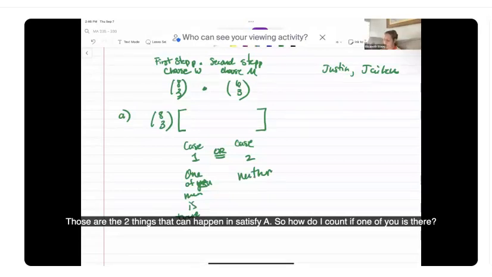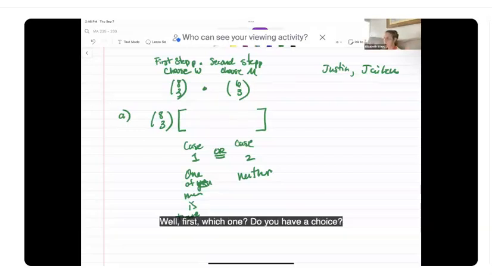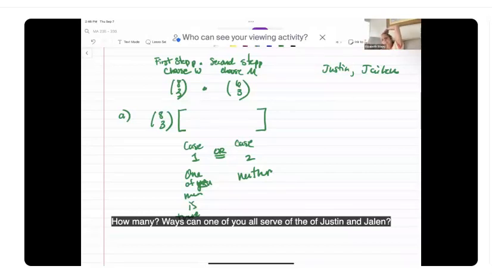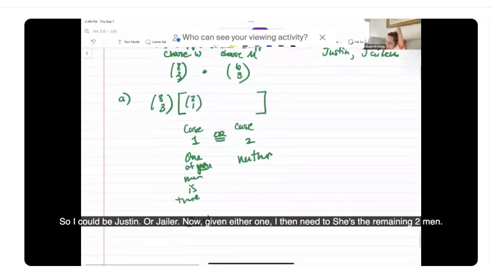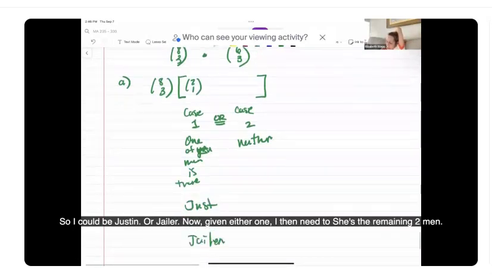So how do I count if one of you is there? Well, first, which one? Do you have a choice? How many ways can one of you all serve of Justin and Jalen? 2. All right, so one of those is going to be there. So it could be Justin or Jalen. Now, given either one, I then need to choose the remaining 2 men.